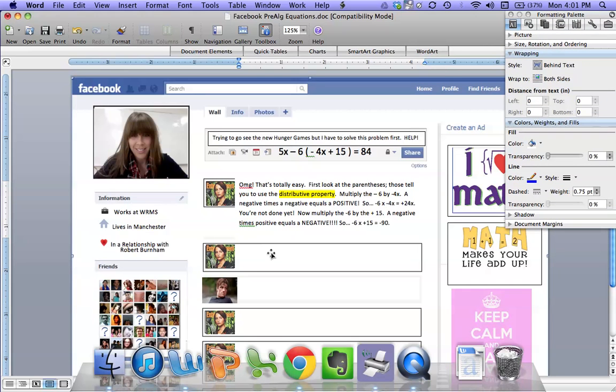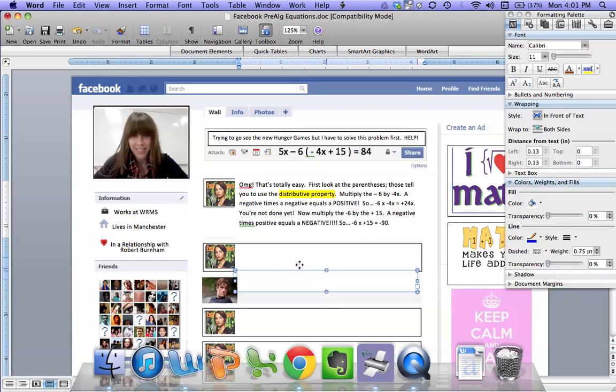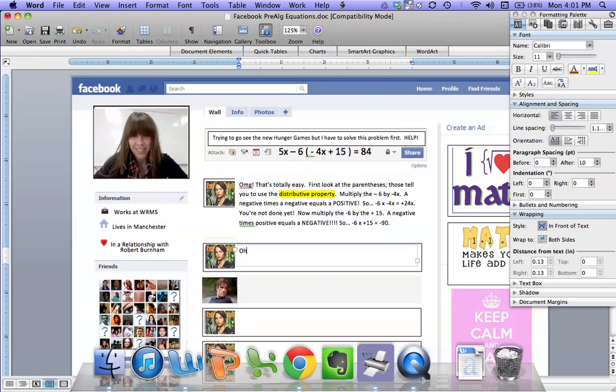So Katniss might say something like, oops, I don't know where my text box went. It went down here. She might say something like, oh, wait, I forgot to tell you the next step.